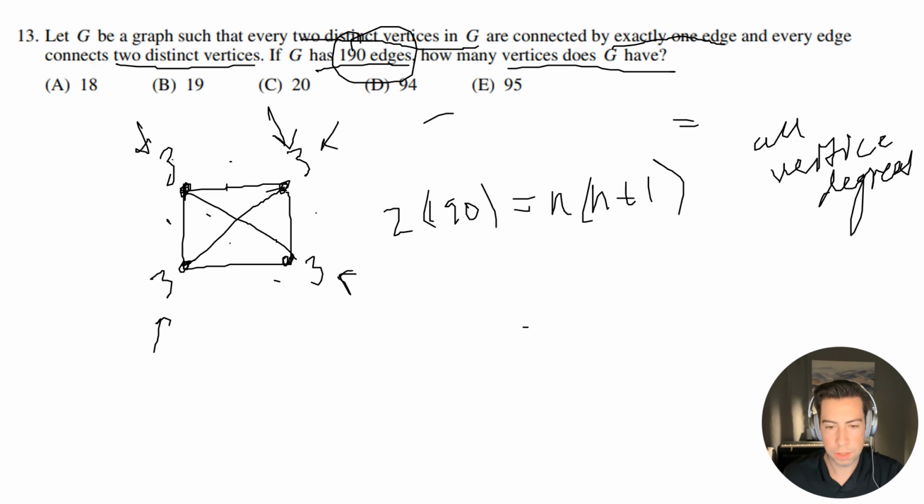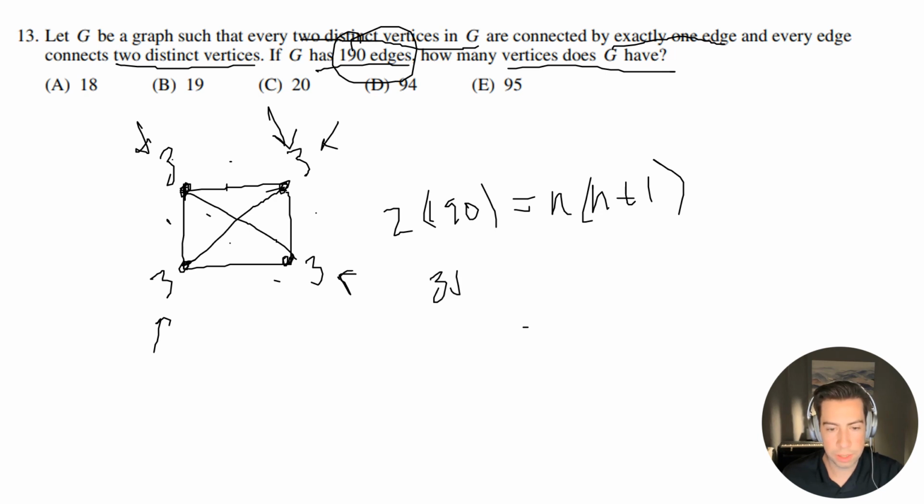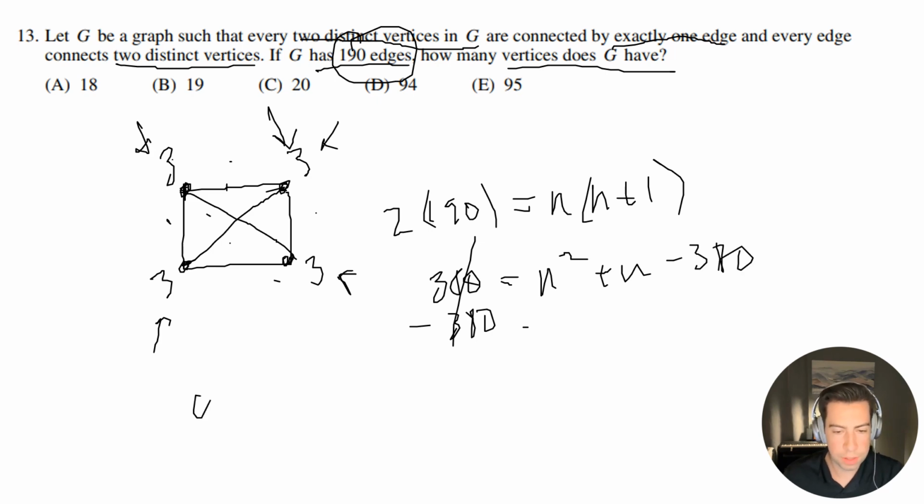Now this is just a very simple algebra problem. I'm going to have 2 times 190, which is 380, and this is going to be equal to n squared plus n. If I subtract 380 from both sides, I now have that 0 equals n squared plus n minus 380. This is just a quick factoring problem.